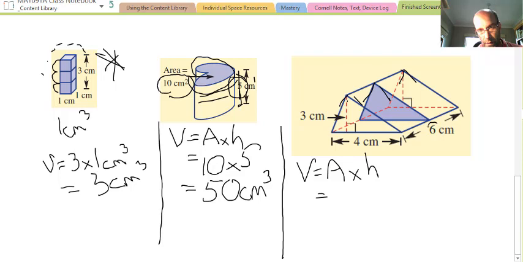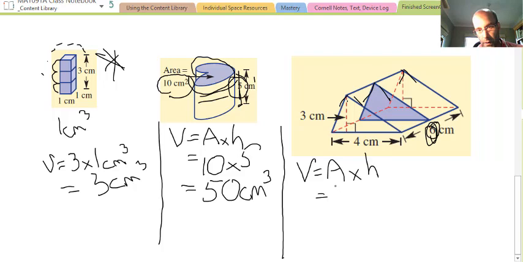Now if we look at it, we can straight away see the height is 6, because that's the length along its main axis. Even though it's sitting down, that doesn't mean it's not the height. You could stand that up on its base, and then the 6 centimeters would be the height. It's still the height if it's laying down. So we know that H equals 6.